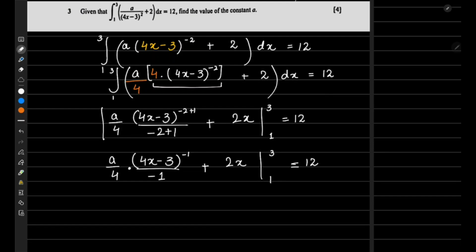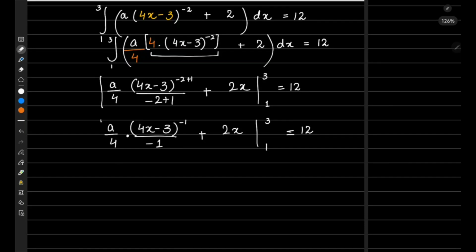I guess we should be doing one more step. That gives you minus a over 4 times, because this is power minus 1. Whenever we change its place, numerator to denominator, the sign of the power changes.